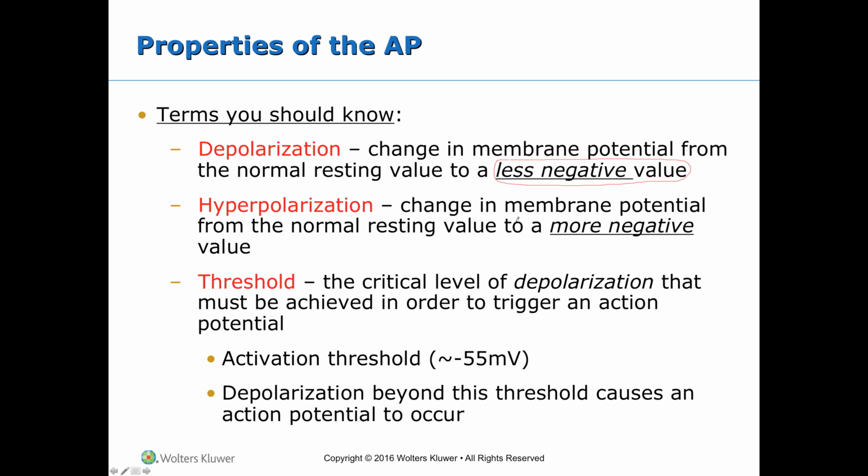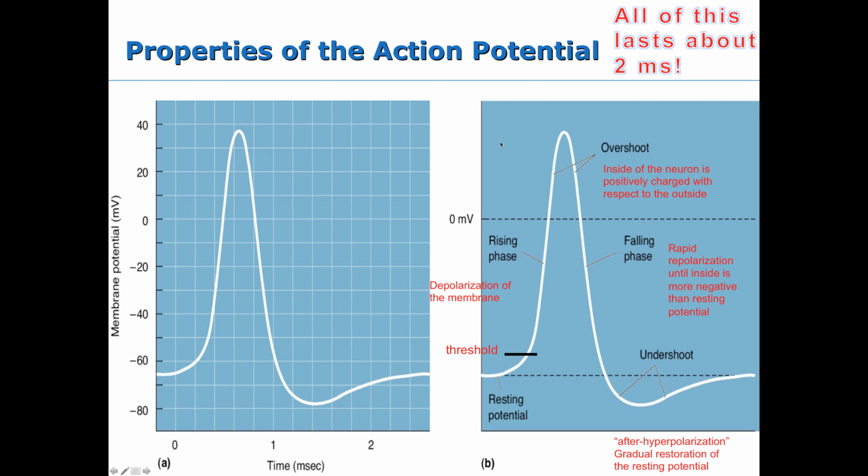Hyperpolarization is a change in the membrane potential from some normal resting value to a more negative value or less positive value. More negative makes a little bit more sense. So in our action potential diagram, this is a depolarization because you are becoming more positive or less negative. And the following phase is a hyperpolarization because you are becoming more negative or less positive.